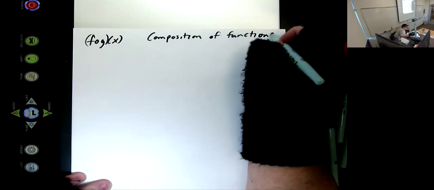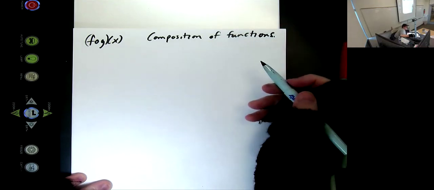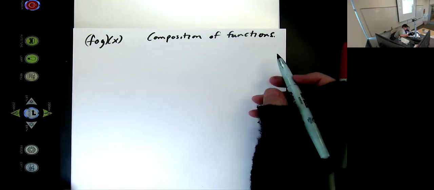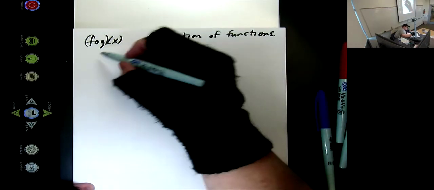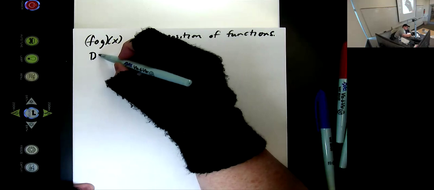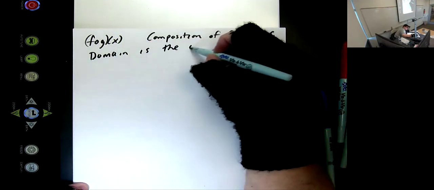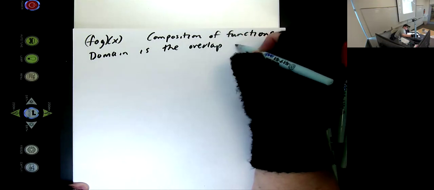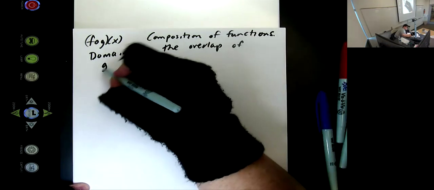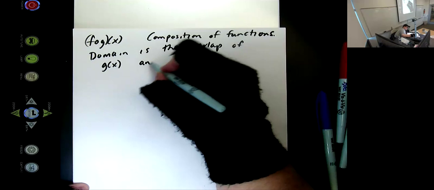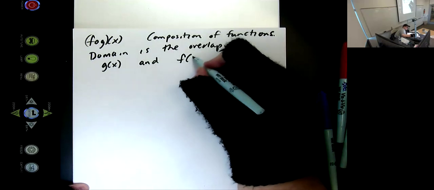The name's not important because I didn't say it earlier, so it clearly isn't that important. But the domain thing here is, domain is the overlap of g of x and f of g of x.